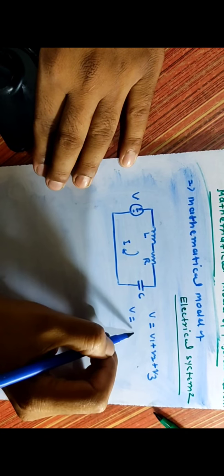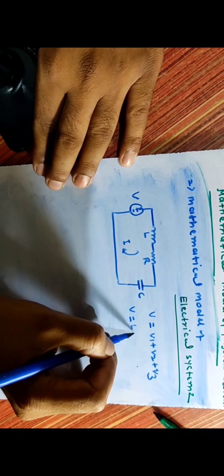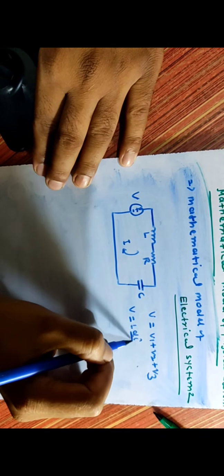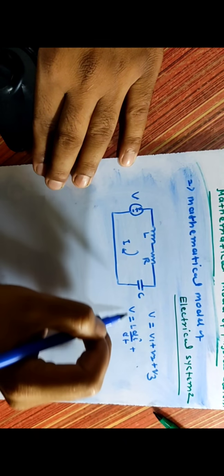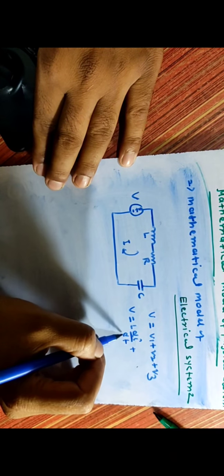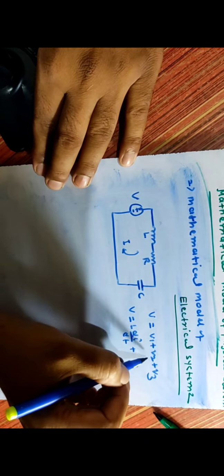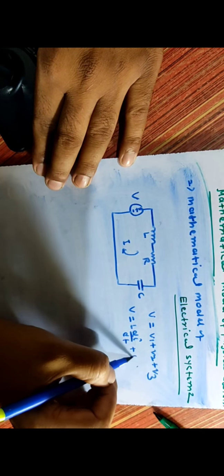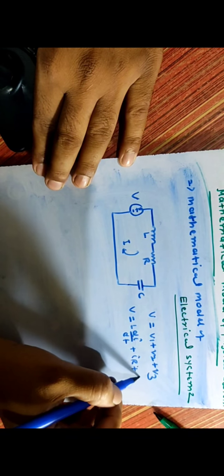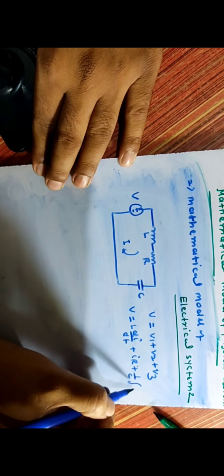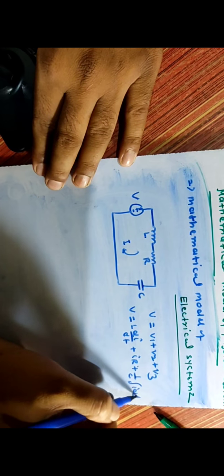So V is equal to L di/dt, the voltage across the inductor, plus IR, the voltage across the resistor, plus the voltage across the capacitor, the integral of I dt.